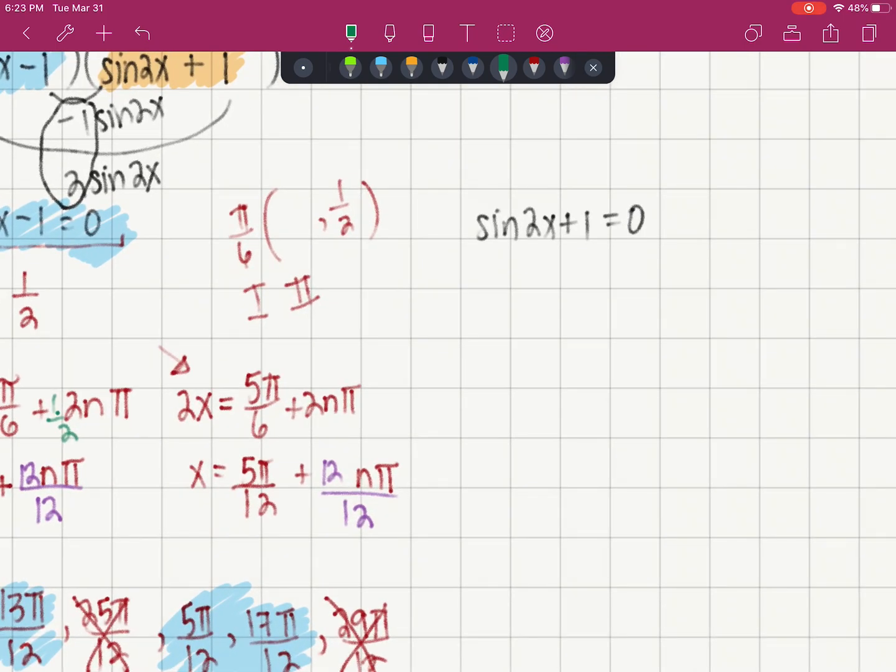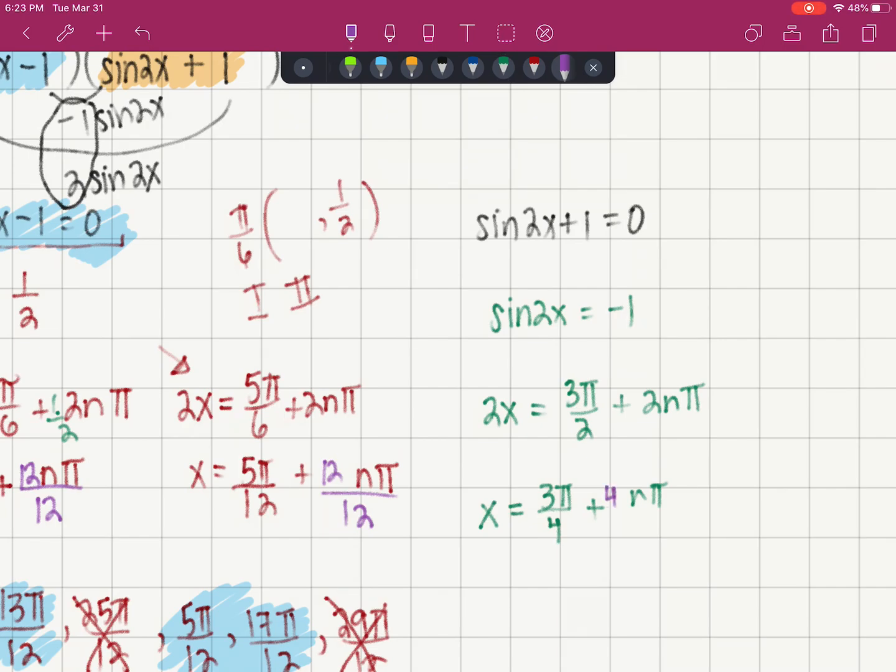We've got sine of 2x plus 1 equals 0. So that means the sine of 2x equals -1. We know that that happens in one place and one place only, and that's at 3 pi over 2 and every 2n pi thereafter. I'm going to solve for x by multiplying everything by 1/2. So 3 pi over 4 plus n pi.